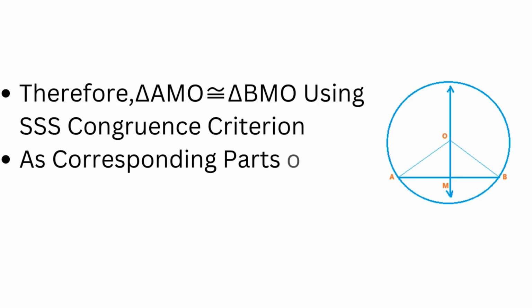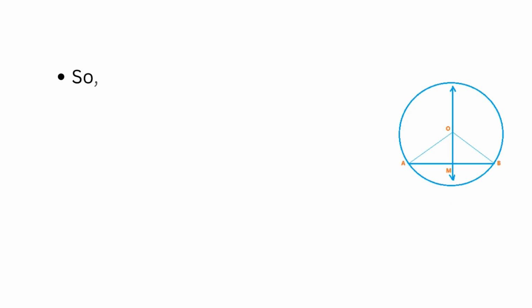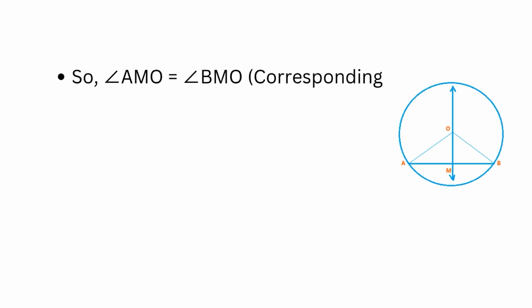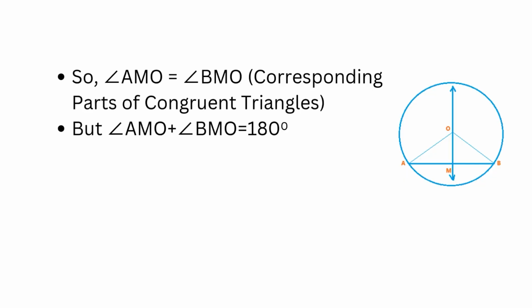As corresponding parts of congruent triangles are equal, angle AMO equal to angle BMO. But you observe the diagram, you will find angle AMO and angle BMO, the sum is 180 degrees. Why, students? Because they are a linear pair of angles.